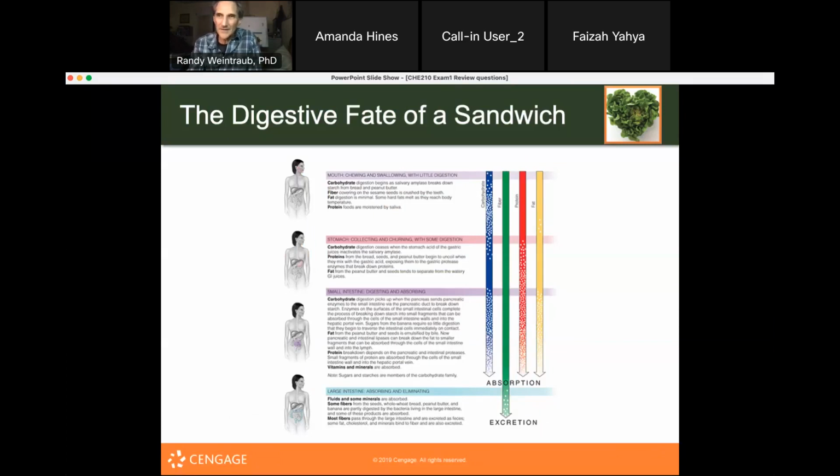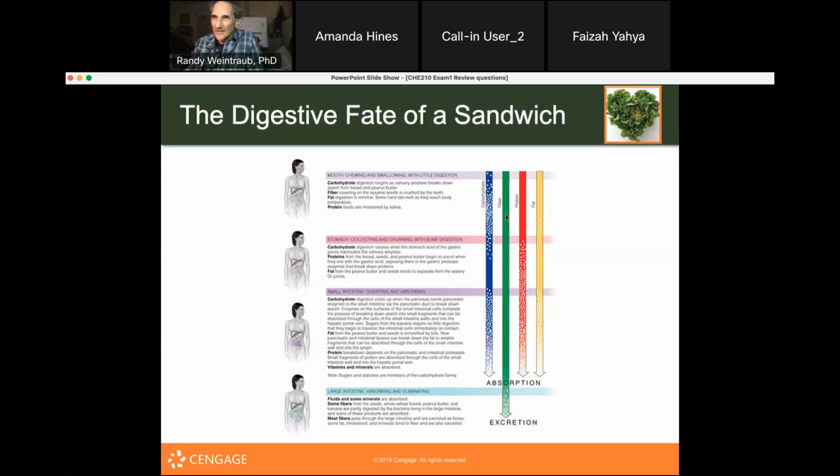This is a really nice summary diagram that's in chapter 3. You look at how we digest things that might be in, like, a peanut butter sandwich. It's a nice diagram. A graphic organizer is really important for learning any new material, but this one really is nice. A lot of information there.